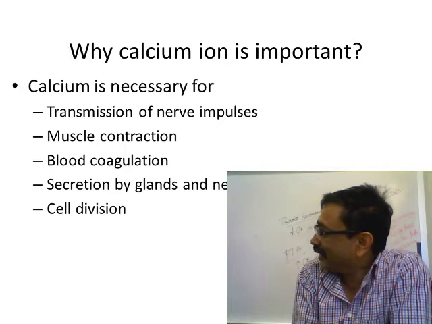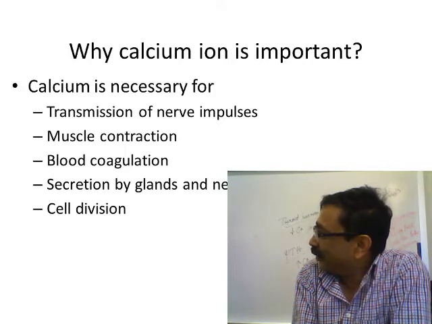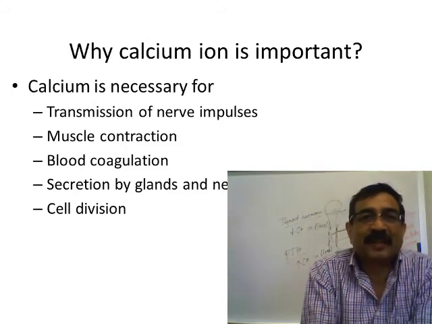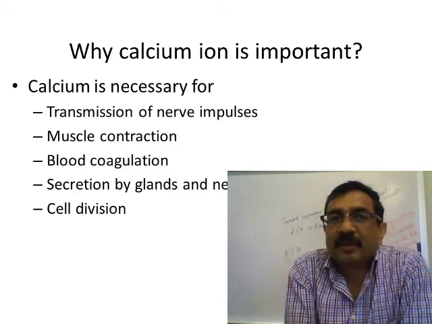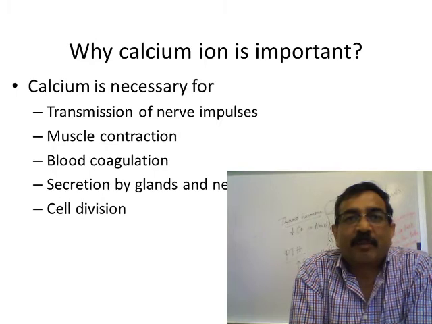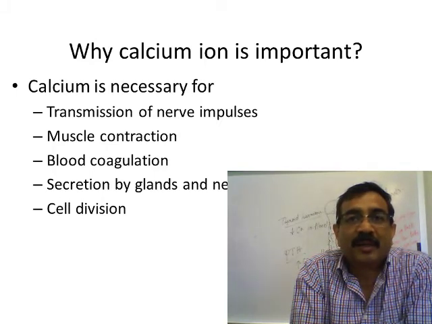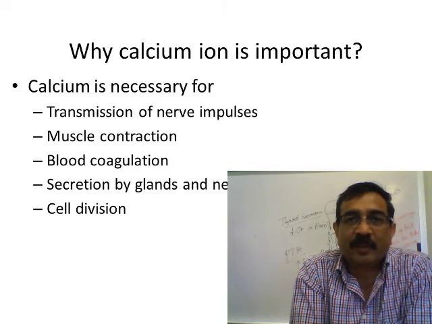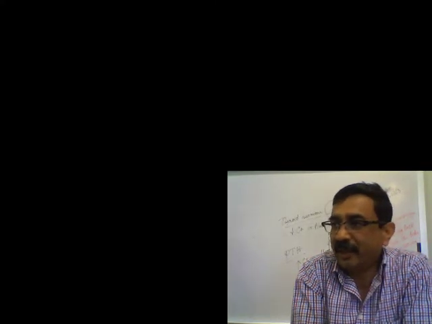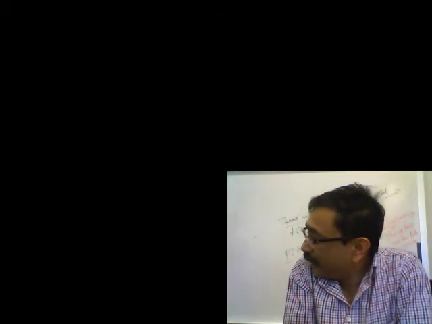Here is just the same thing that I mentioned. One thing you remember here is the blood concentration of calcium. The concentration of calcium in your blood must be between 9 to 11 milligrams per 100 milliliters of blood. That means 1 deciliter; 100 milliliters equals 1 deciliter of blood.